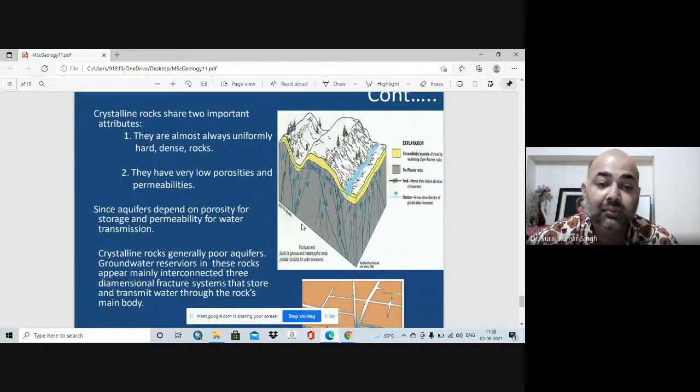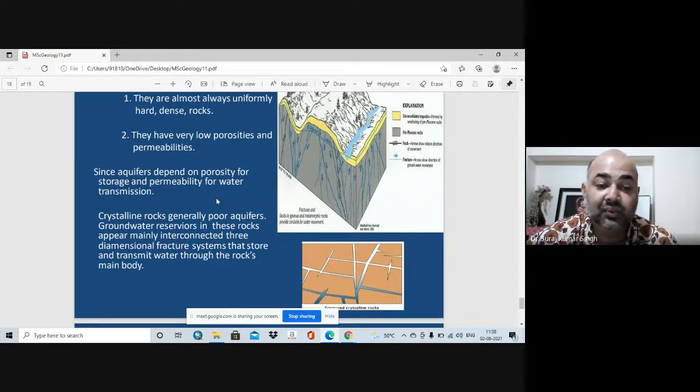They are always uniformly hard and dense rock, and they have low porosity and permeability. And since aquifers depend on porosity for storage and permeability for water transmission, crystalline rocks generally are poor aquifers. The groundwater reservoirs in these rocks appear mainly in interconnected three-dimensional fracture systems that store and transmit the water through the rocks.